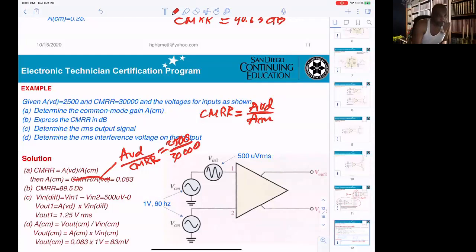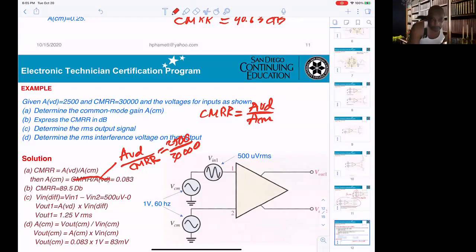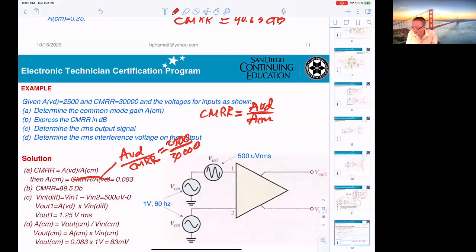Got it. Okay. Now, in this case, can you tell me what the output of the common mode, Vout common mode, is? 0. Come on. Make sure you get the right thing. Your input will be 1 volt for common mode. The gain for common mode is 0.083. So what's your output?